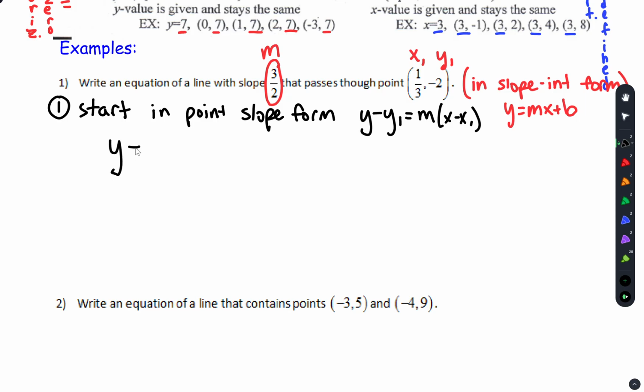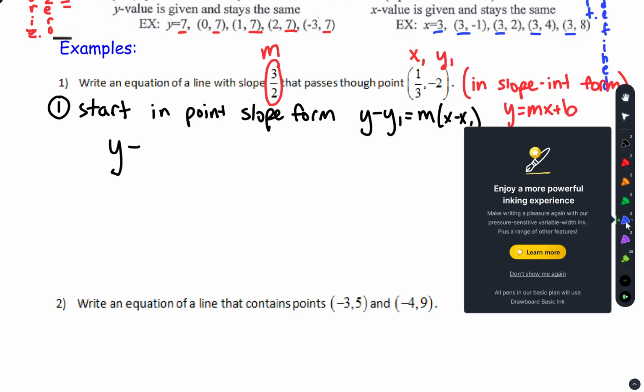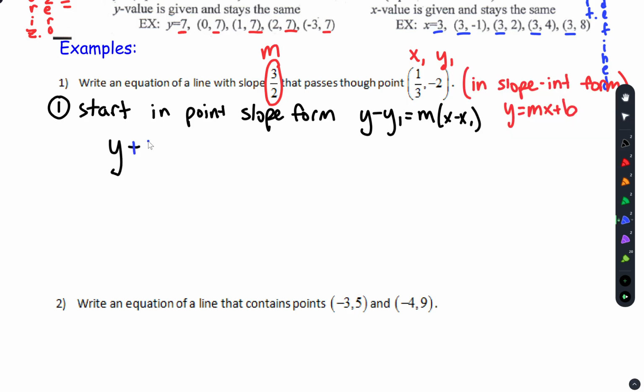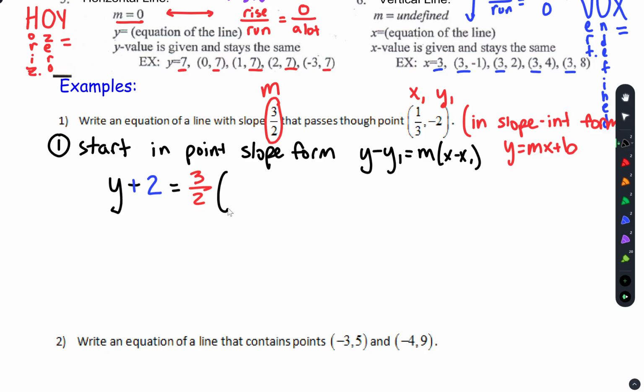So I have y minus, y1 is a -2, so I'm actually going to change that to a +2, equals my slope, 3/2, times, that first x always stays the same, minus x1, which is 1/3. That's kind of it for that part of the equation.